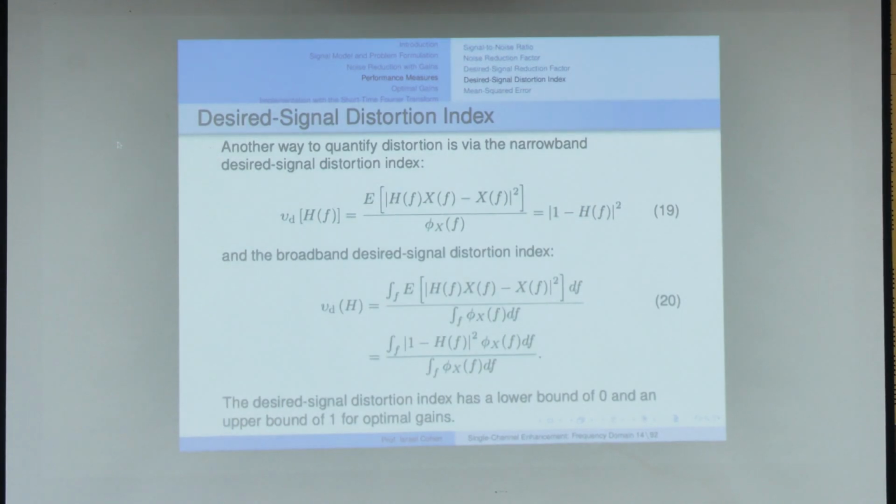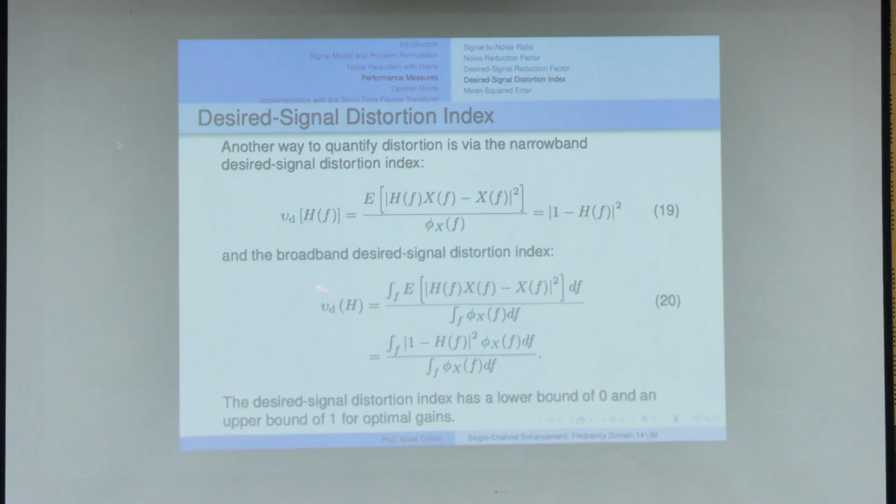Okay, let's talk about the distortion index. The desired signal distortion index means how X filter desired is different from X. And we normalize it. We take this difference, X filter desired minus X, take the magnitude squared and expectation, and normalize it by the variance of X. For the narrowband distortion index, it looks like this: 1 minus H magnitude squared.